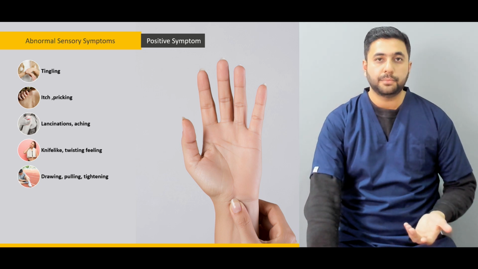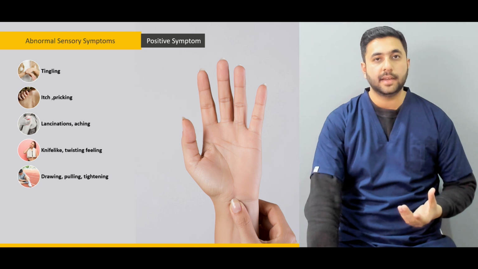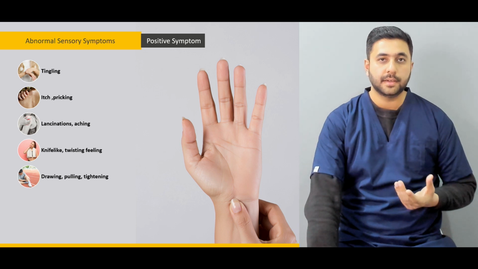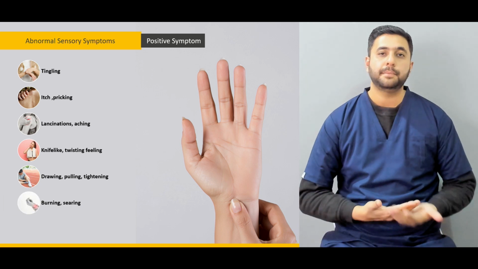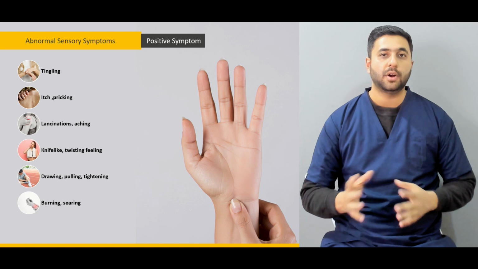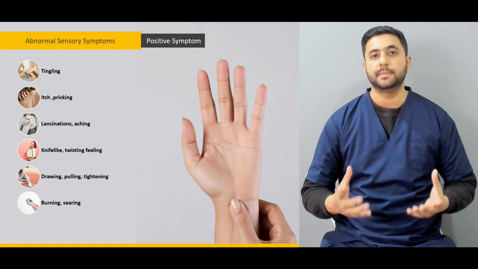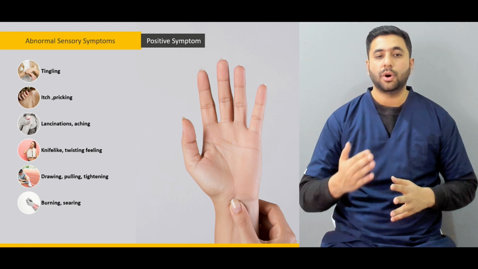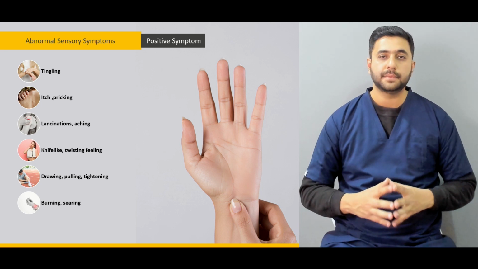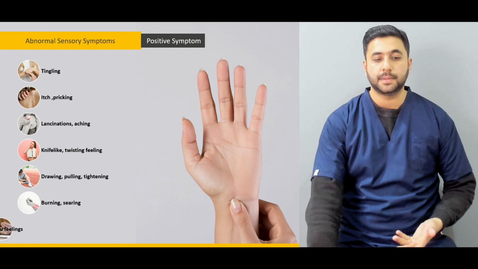There might be some pulling or tightening of the area involved in the abnormal sensory association. Similarly, there might be a burning feeling in that part if there is alteration of the thermal receptors or thermal sensation along the pathway of the sensory system. So all of these kinds of symptoms are generally classified as positive symptoms.